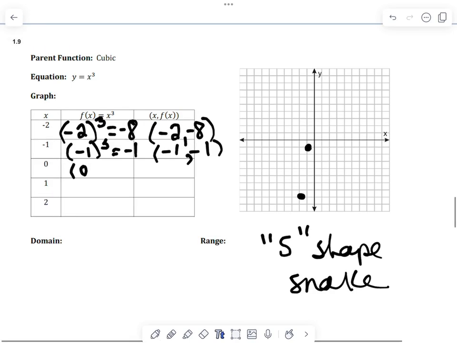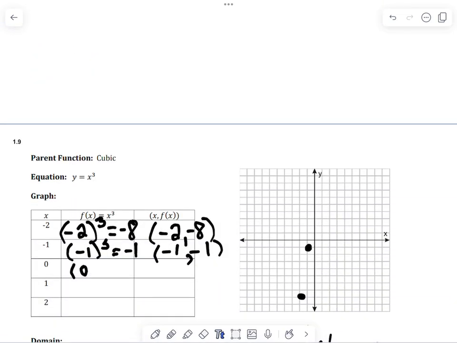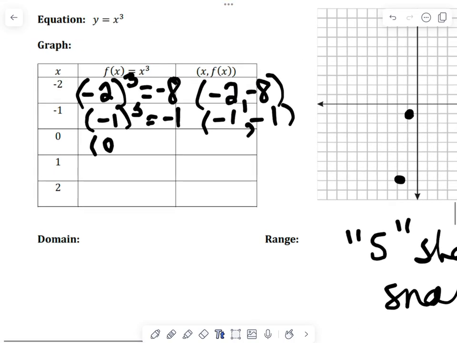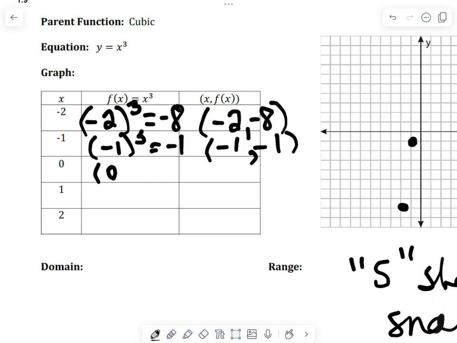0 times 0 times 0. Zero cubed is 0, so we're at the origin. 1 times 1 times 1 is a positive 1, so we're at (1, 1).